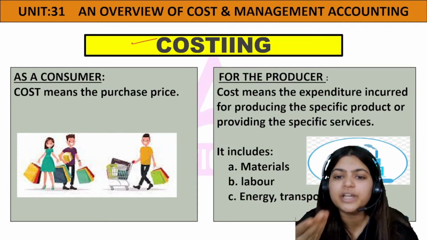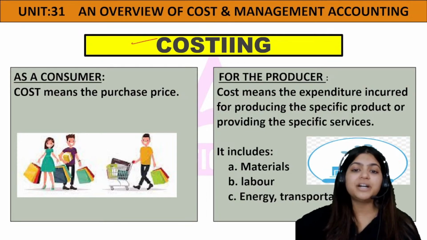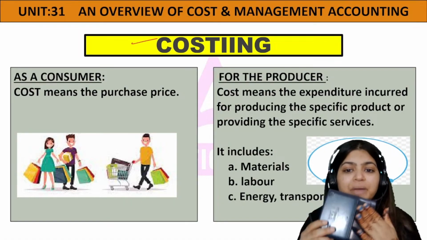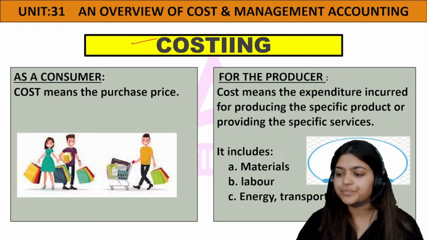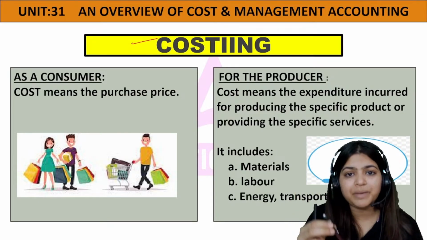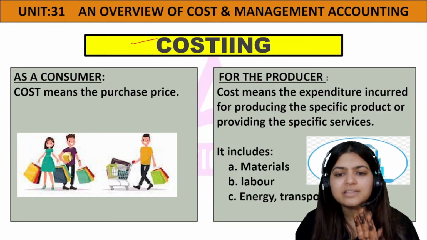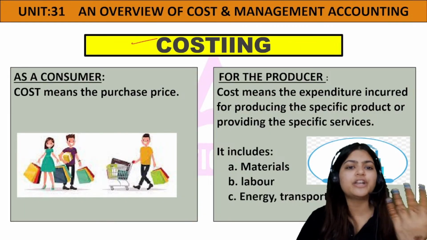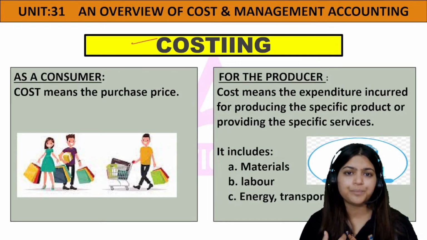Whatever amount we are paying for purchasing any product. If I am purchasing this calculator, whatever amount I have paid for purchasing this calculator will be my cost. Or if I am purchasing this pen, whatever amount I paid for purchasing this pen is my cost. So as a consumer, there is no difference if we use cost or purchase price. Both are the same for a consumer, correct?